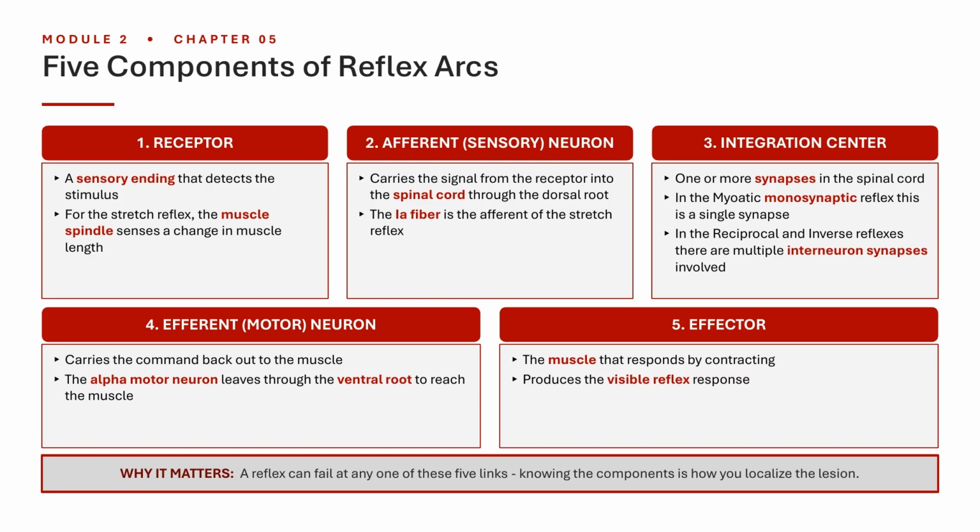The alpha motor neuron exits through the ventral root. 5. The effector, the muscle that responds by contracting. This produces the visible reflex response. Receptor, afferent, integration, efferent, effector. Know this sequence. When a reflex is absent or abnormal, your job is to identify which component of this arc has been disrupted. That is lesion localization.